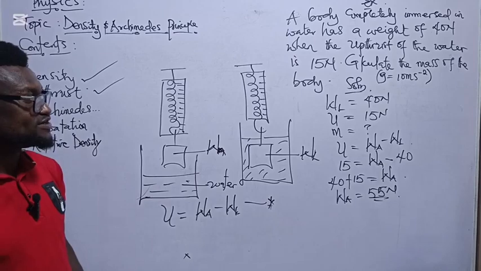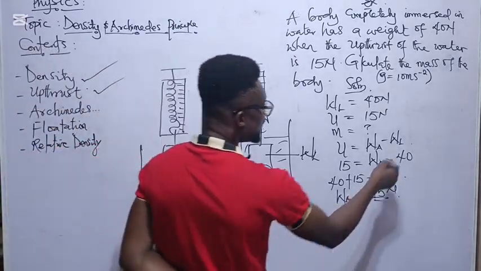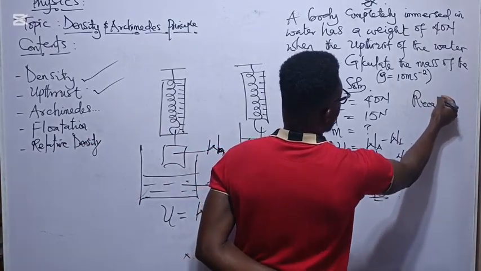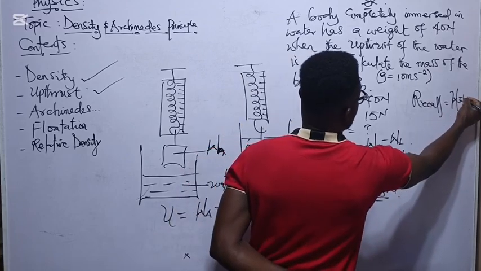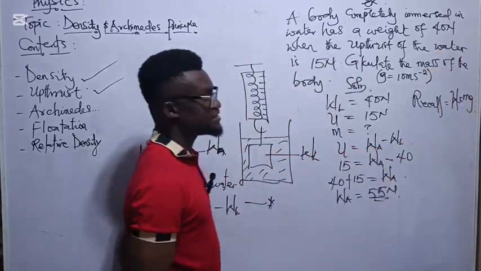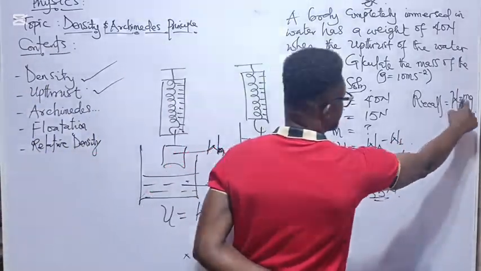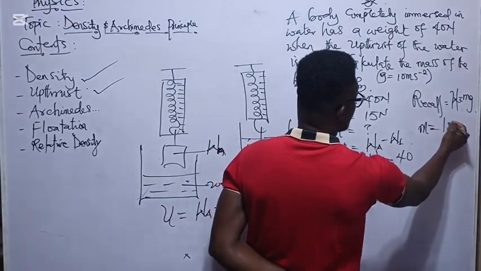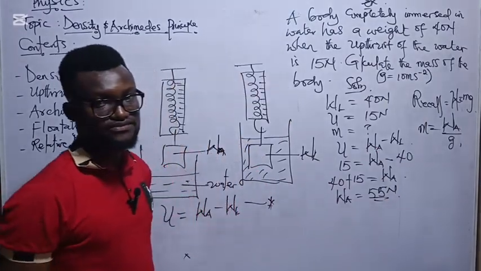Now, because we've got the weight, getting the mass will be easy. Recall that weight is equal to the product of mass and acceleration due to gravity. If you make M the subject, you have M equal to weight over acceleration due to gravity.